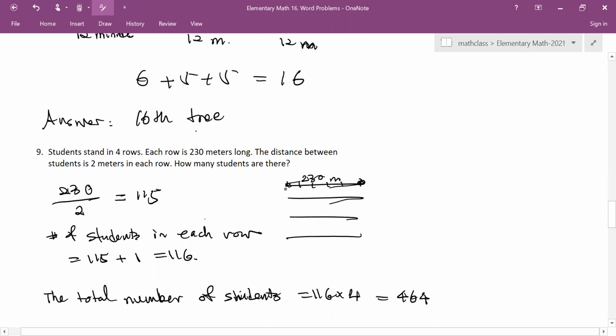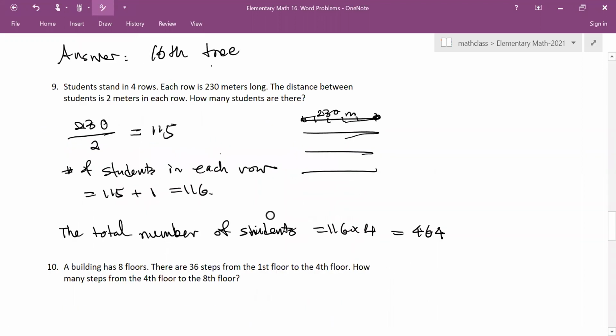You figured out the number of the gaps, or the number of the sections, okay? So it's going to be 115, but you have to add the 1 to get the number of students in each row. Then you multiply by 4. Okay, so that is the answer.